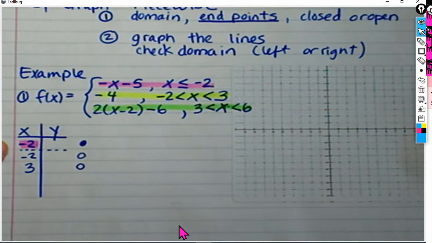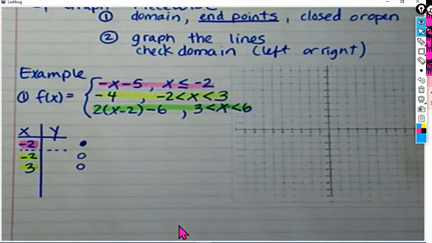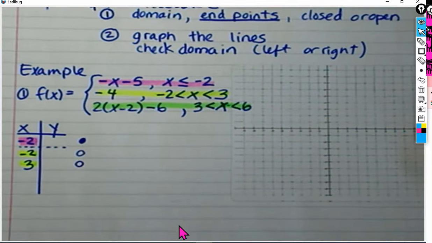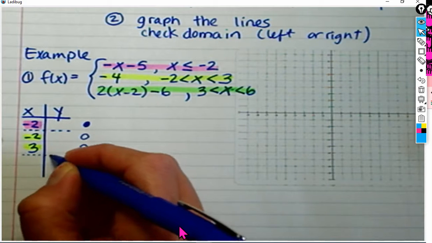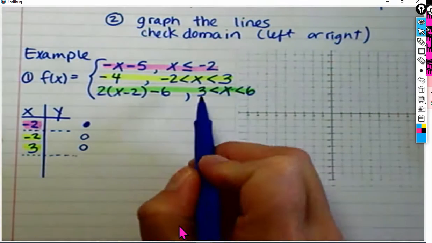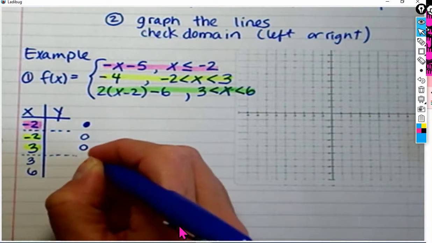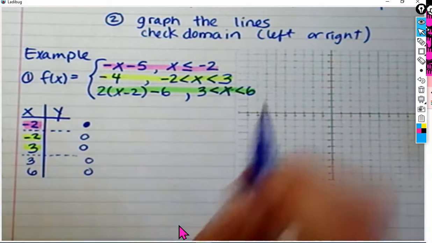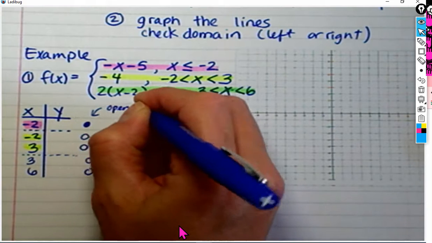Now I know that -2 is in this table twice, but notice how it's actually only included once. It's important that it's only included once. I just do the dots in my table to help break up the different sections of the graph that I'm looking at. Now I have two more endpoints, 3 and 6, and these actually both happen to be open as well. Okay, so this is for the open or closed.